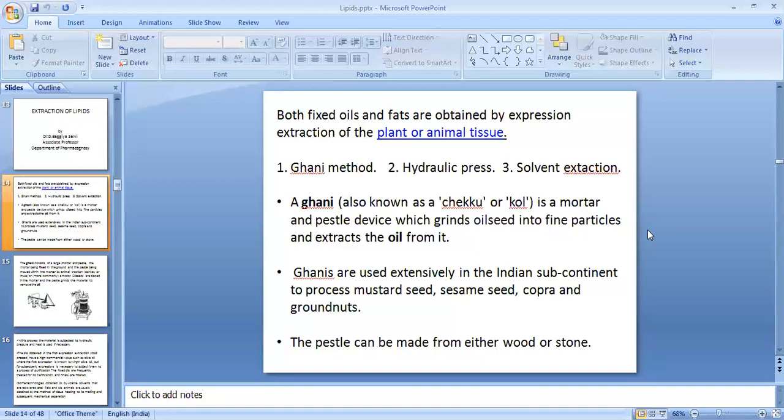So these ghanis are used extensively in the Indian subcontinent, to get the oil from the vegetable seeds, especially the mustard, sesame, or coconut, or groundnuts. And in this case, the mortar will be a static one, or a stationary part, where the pestle will be moving. And this pestle can be made out of wood or stone.